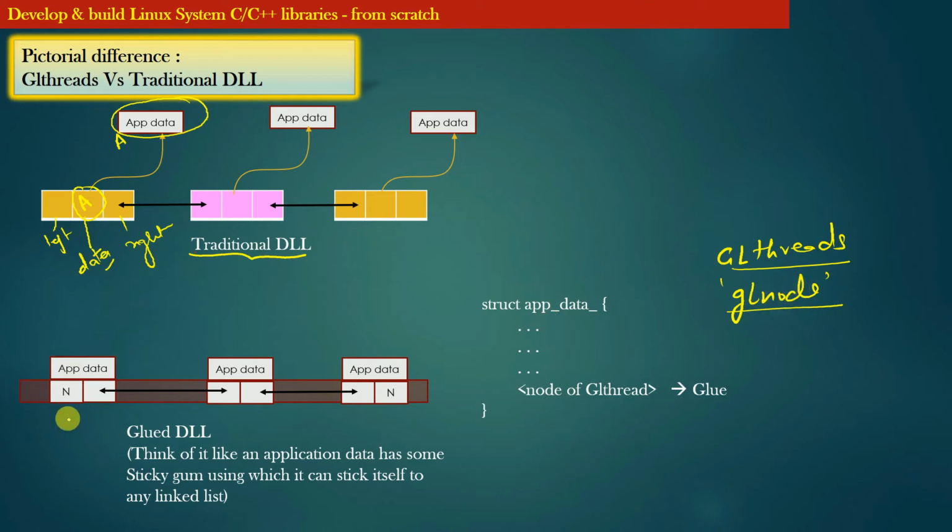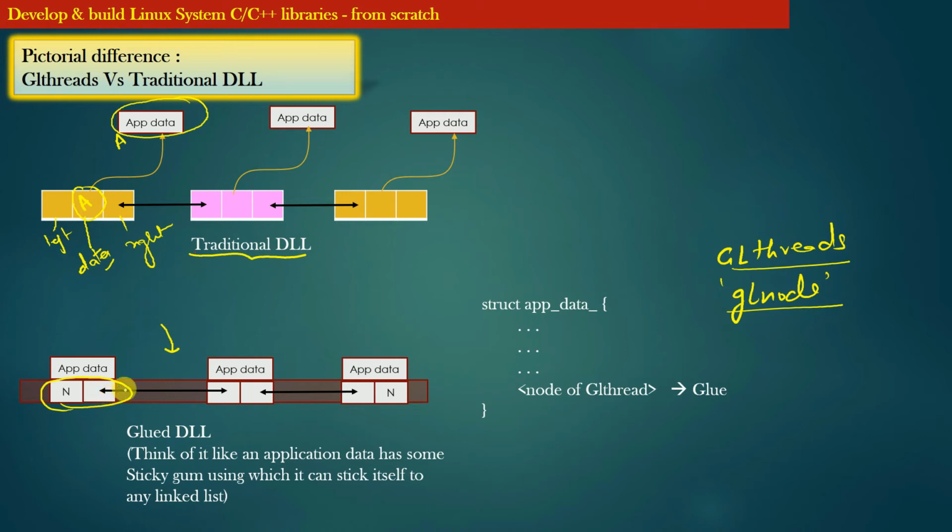Now you can see the second diagram actually represents a GLThread which is holding application data. Now we already know that GL nodes don't have a void star data member to point to the application data. So you can see that this represents the GL node, and it has only left and right members which point to the left and right node of a GLThread.